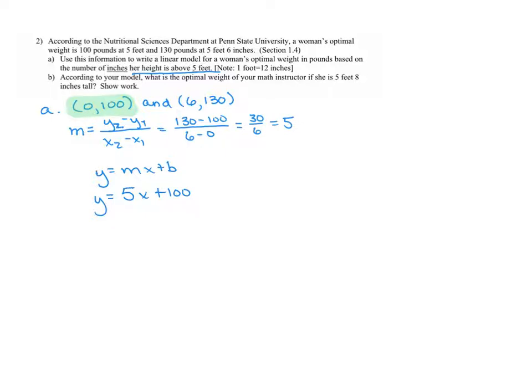Okay, so let's look at part B. We have, according to our model, what is the optimal weight of my math instructor if she is 5 foot 8 inches tall? So for this one, we have 5 foot 8. This is going to translate into x is 8.